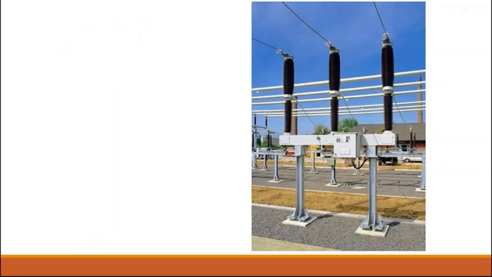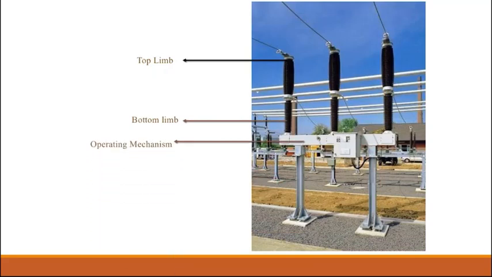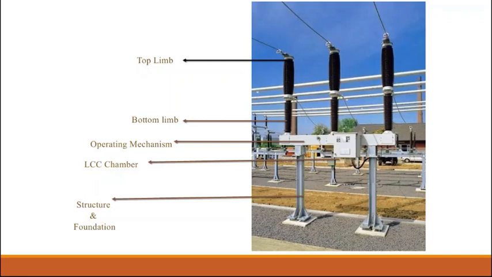In the same way, I have taken one more circuit breaker. This is an SF6 outdoor 66 kV circuit breaker. And here this is the top limb, bottom limb, the operating mechanism, the LCC chamber, and the structure and foundation.